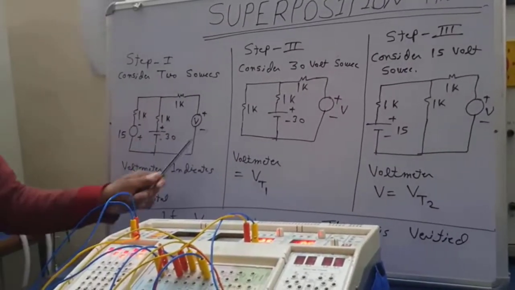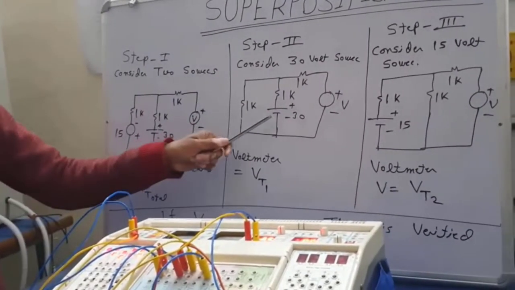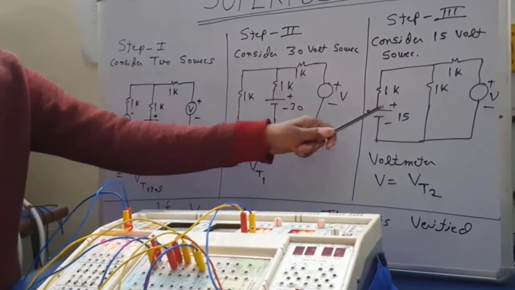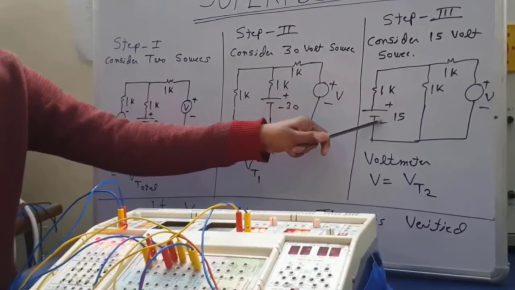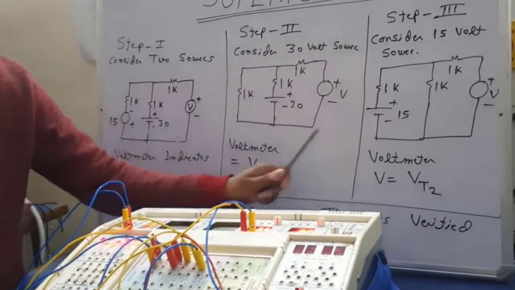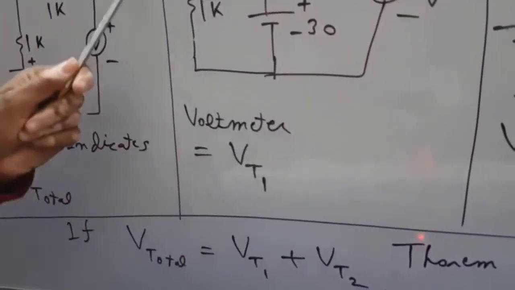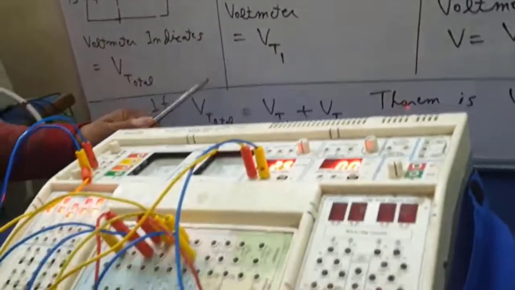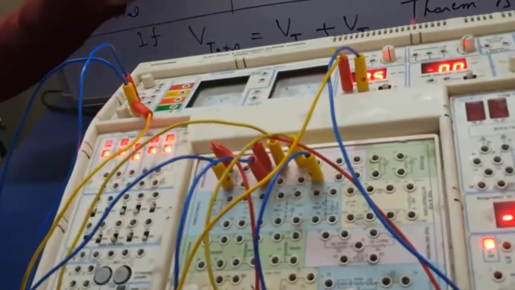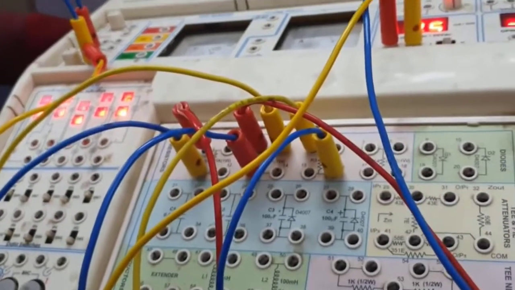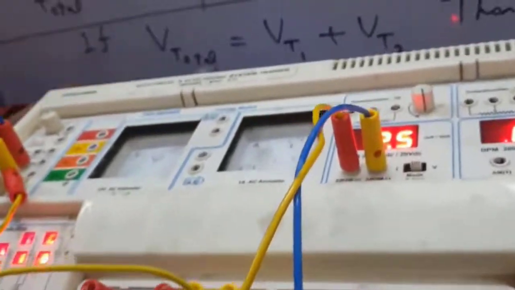Then one source is removed and we connect the 30 volt source and take the reading V1, then remove it, connect the other source and take the reading V2, and V total equals V1 plus V2. Then the theorem is verified. We have to prove this experimentally by taking 3 observations. The observations are already given in your manual.